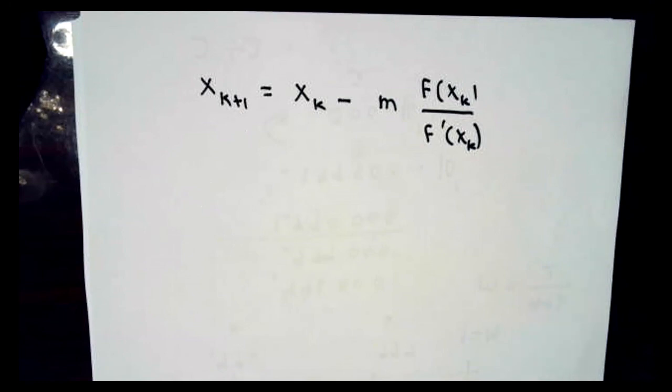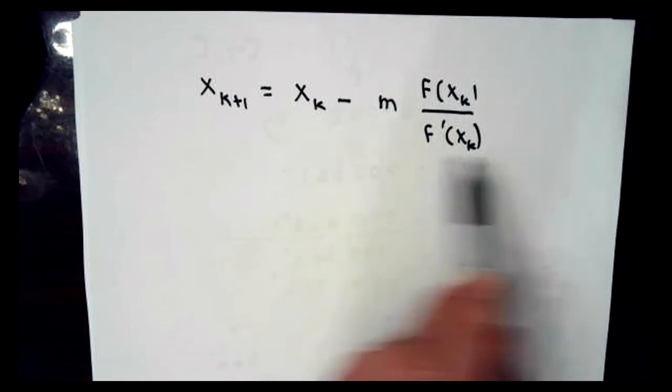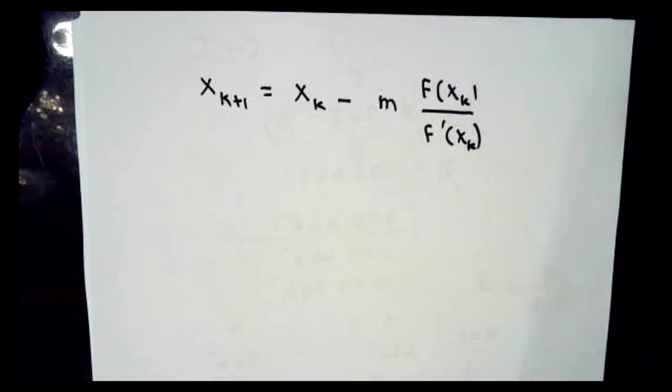If you were using Newton's method to find some 0 of a function, and you observed the progress of the function values and saw that they were getting smaller in size, as you would like, but they're not getting smaller very fast, one of the first thoughts that would occur to you is that you have a root of multiplicity bigger than 1. If you take m to be 1, you're just doing Newton's method.